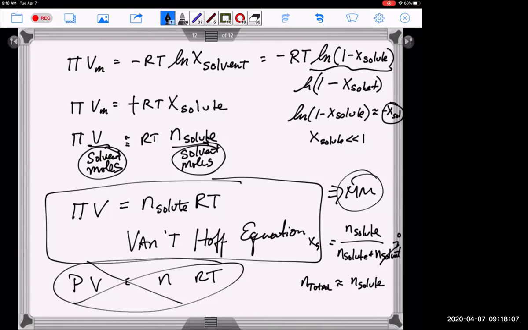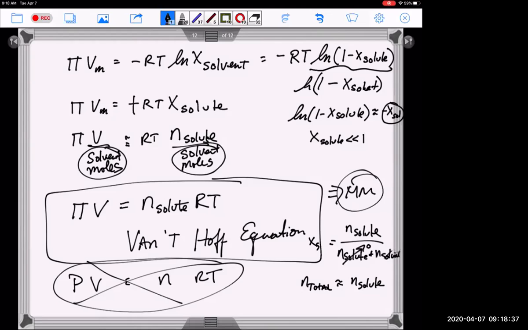Oh, okay. Yeah, so you're right. I did do that fairly quickly, but that's the approximation, is that we say, okay, well, the N solute contributes very little to the sum. We can't obviously remove it from the numerator, but it contributes very little to the sum. Oh, wait, sorry, not that one. The solvent is fine.